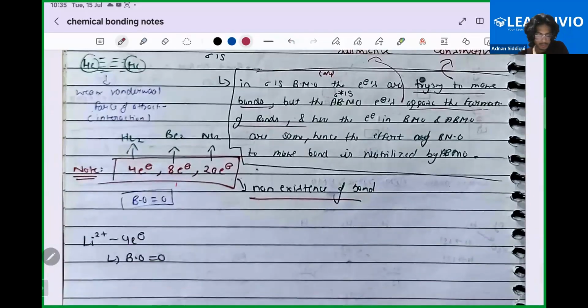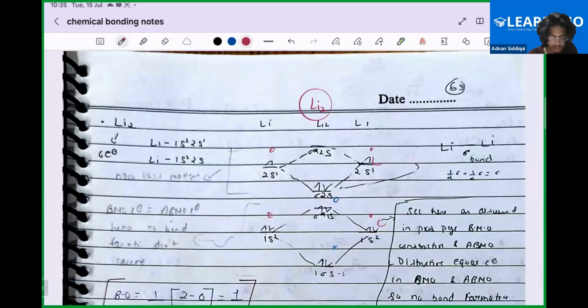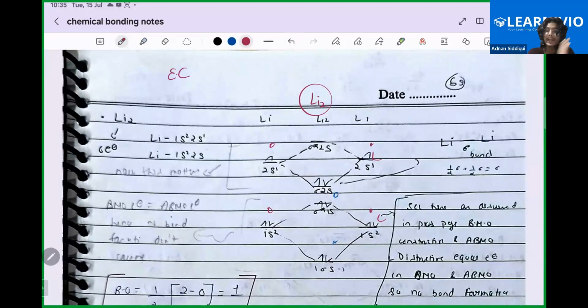For lithium, you have to write the entire electronic configuration.